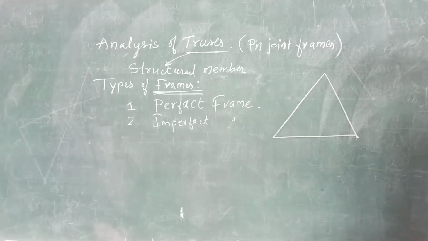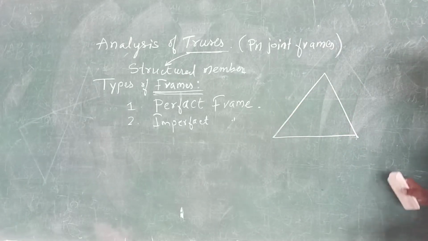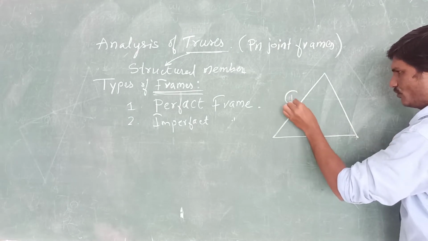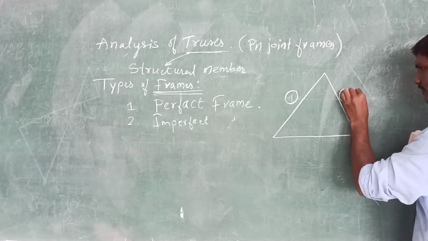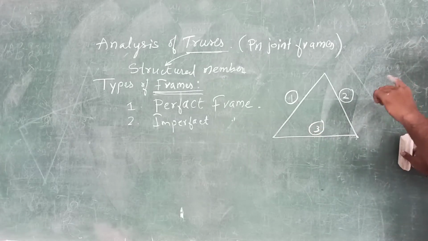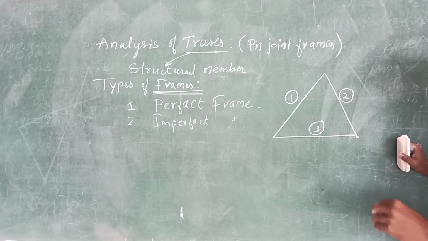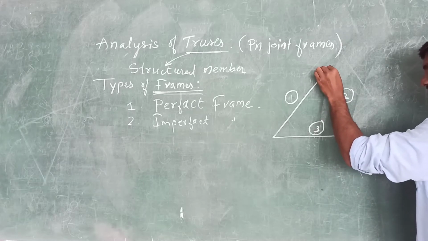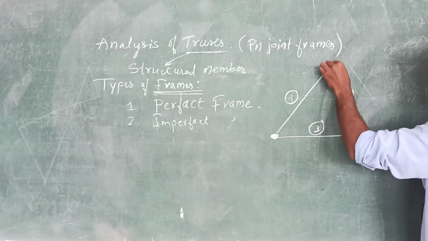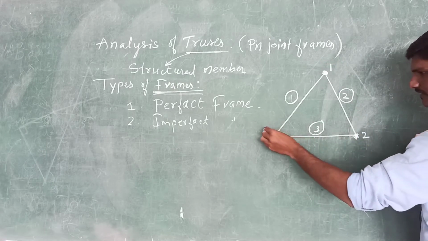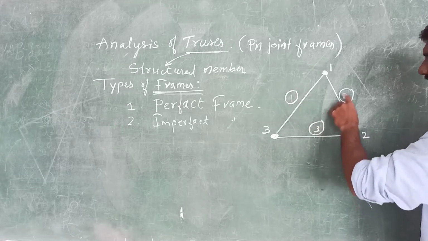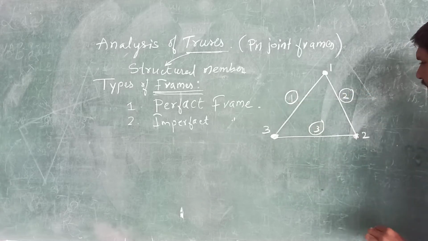Let us say a triangle element where you have the number of elements denoted 1, 2 and 3. So there are 3 members, or 3 bars, and the number of joints, let us denote the dots like this, 1, 2 and 3. So the number of joints is 3 and the number of members is 3.